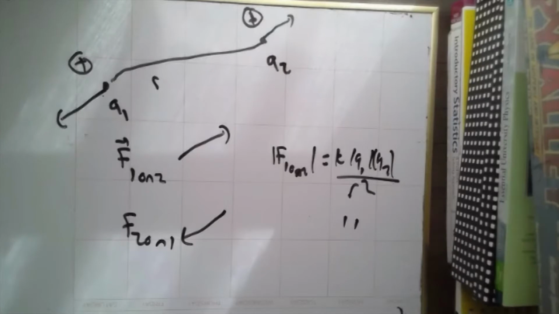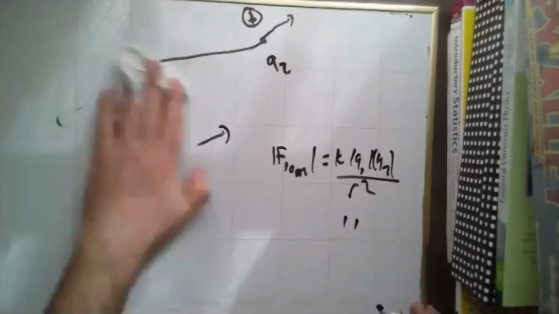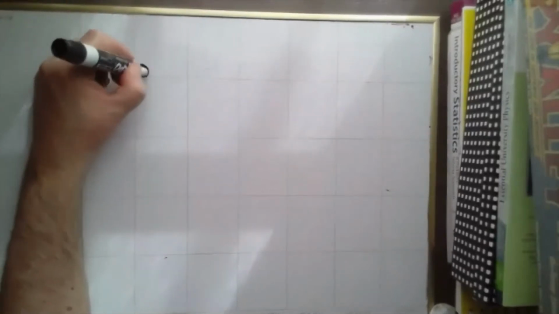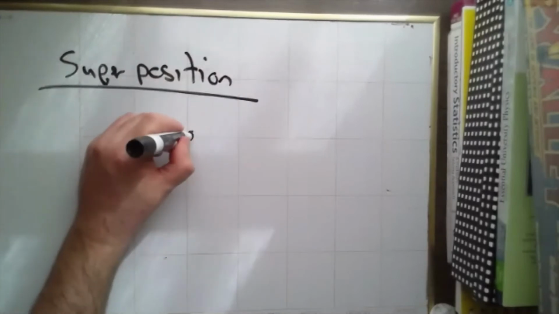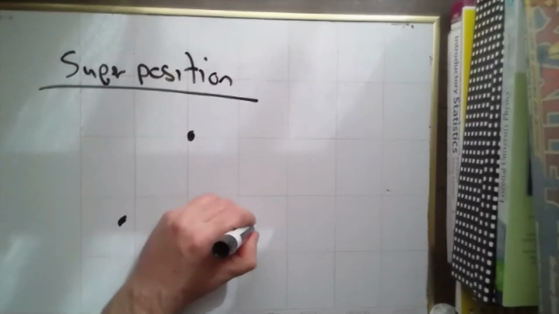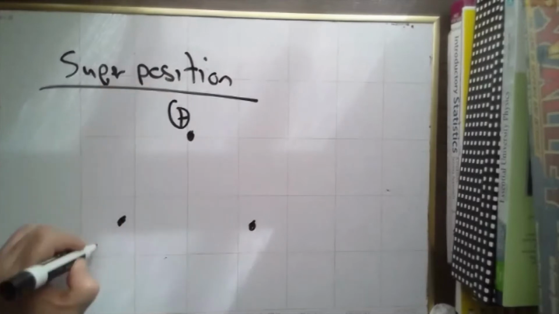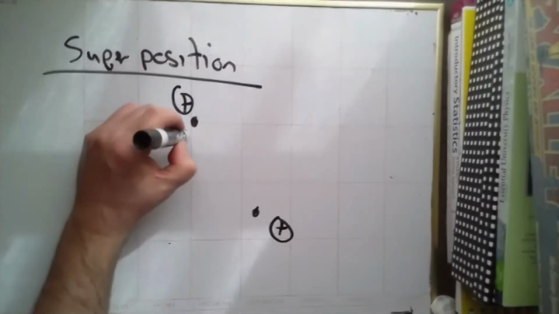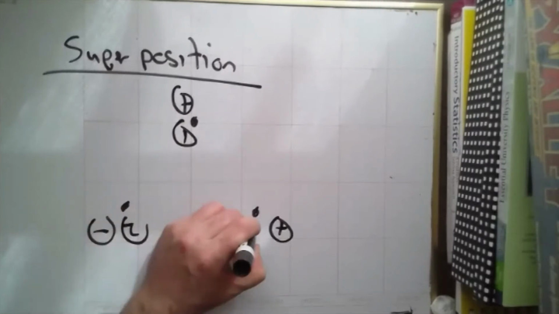What if we have a collection of charges? Well, these are vectors. All forces that we know of in nature follow the principle of superposition. So if I had some collection of charges, say we've got a positive, a negative, and a positive, and let's name them 1, 2, and 3.